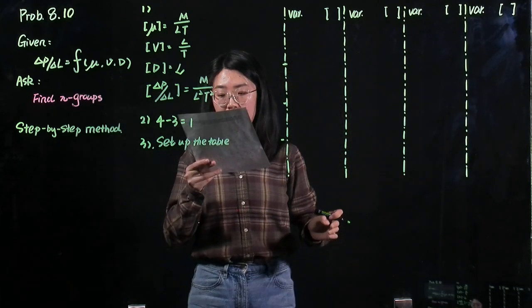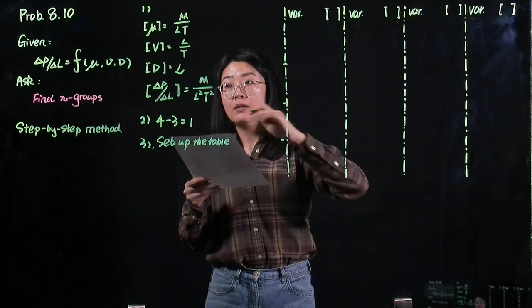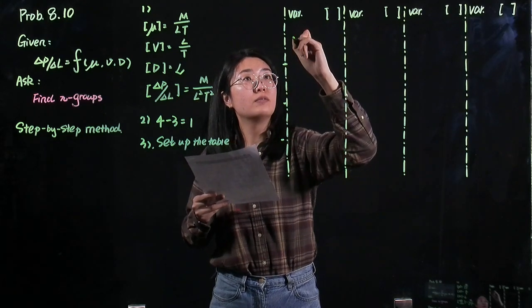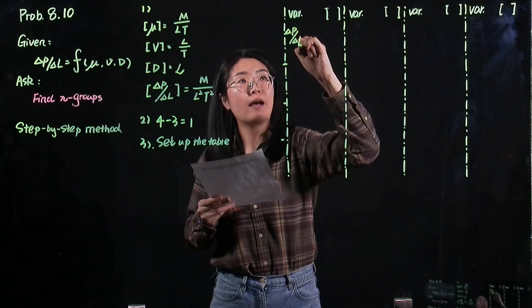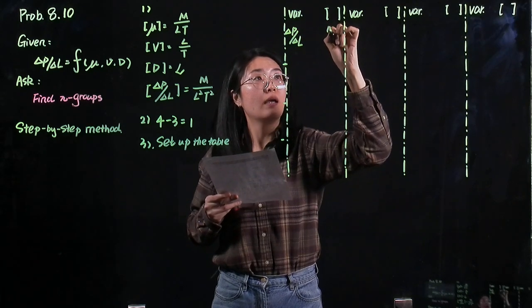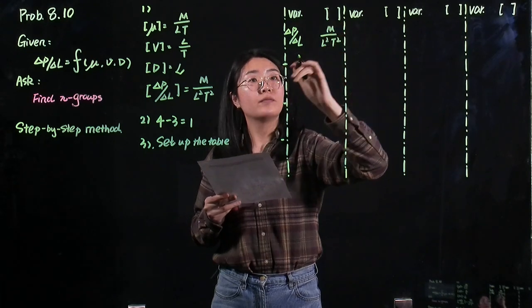And then we list the variables and primary dimensions in the first column. For this one, it's delta P over delta L, with dimension M over L squared T squared.